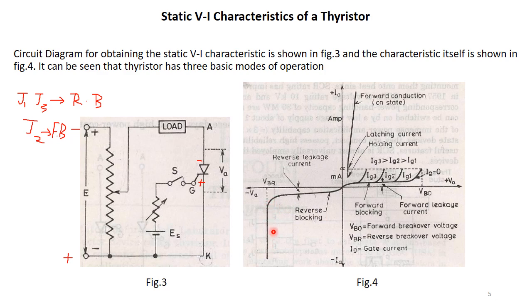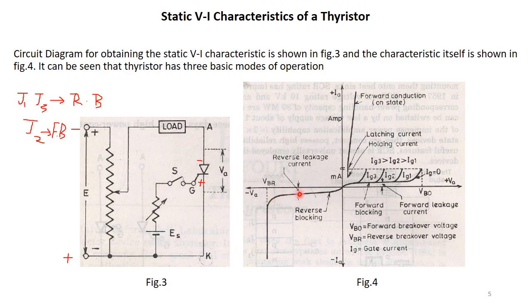Now, a large current associated with this breakdown value of the voltage brings more losses in the SCR. This may also damage the thyristor as the junction temperature may exceed its permissible limit. You must note that the maximum reverse voltage should not exceed this breakdown value.